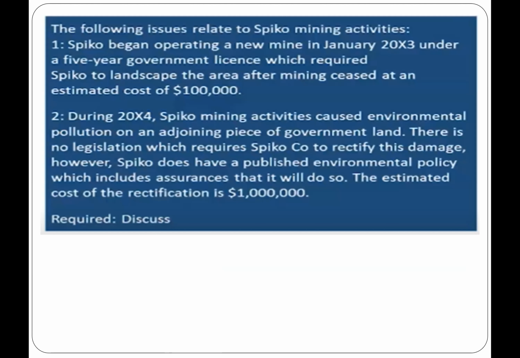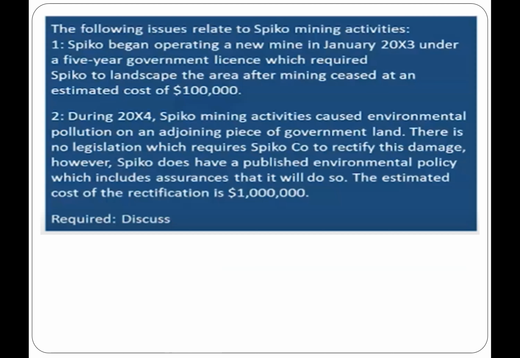Now, I want to look at a few scenarios and see if we will be able to tackle them if you are going to come across them in an exam or maybe in an actual scenario. So the following issues relate to Spico's mining activities.